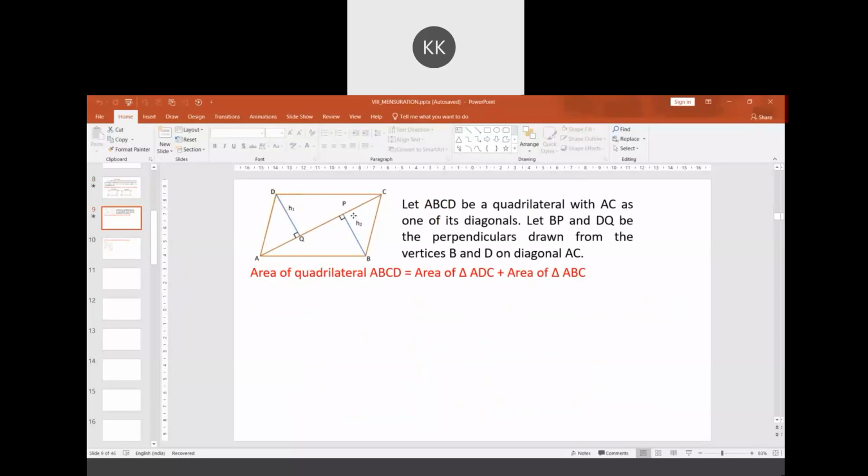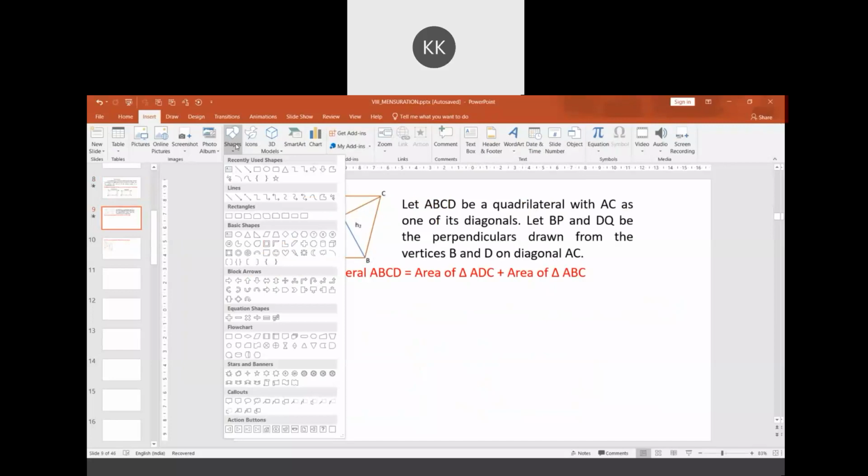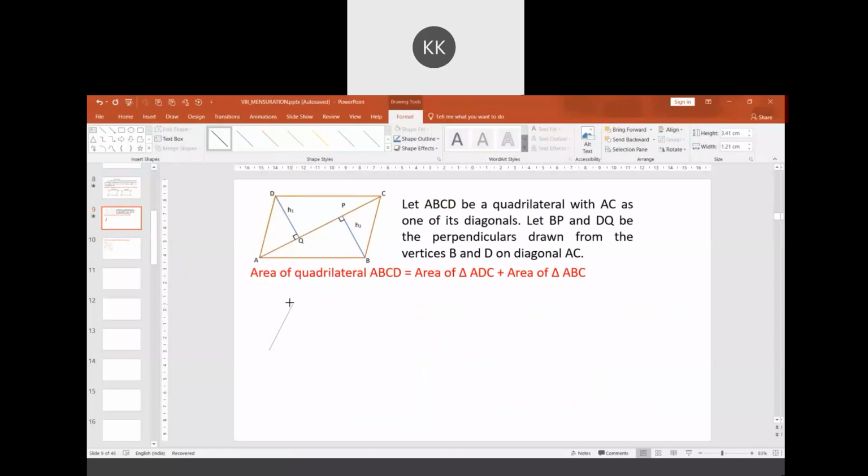Why this quadrilateral? We can take any other quadrilateral. Suppose I have this type of quadrilateral. Why I am taking this quadrilateral now?